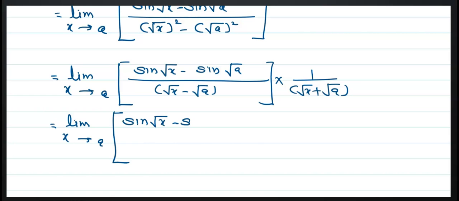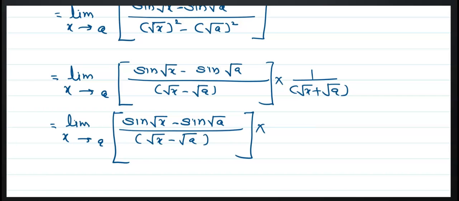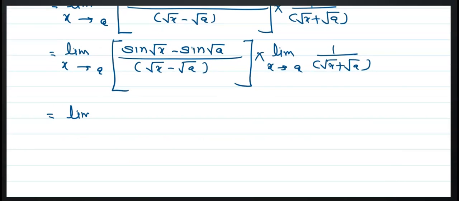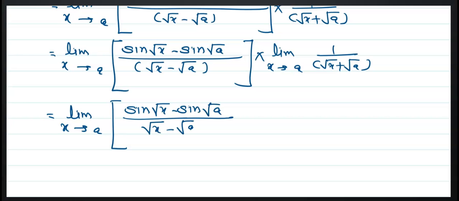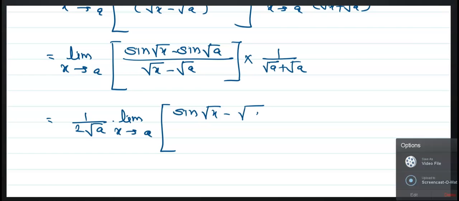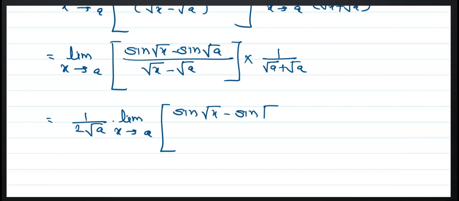Now we will take the next limit. The limit as x tends to a of 1 upon (root x plus root a) is 1 upon 2 root a, into the limit as x tends to a of (sine of root x minus sine of root a) upon (root x minus root a).